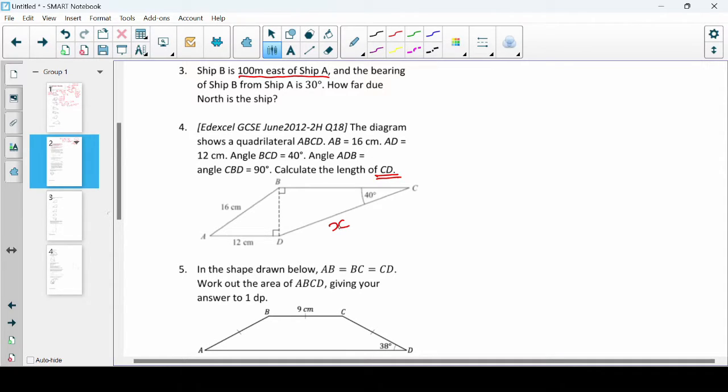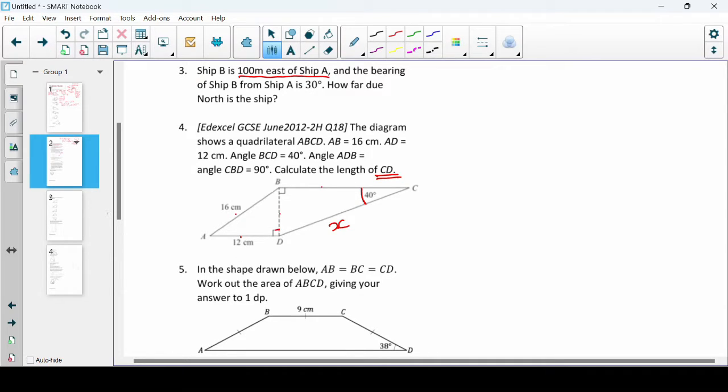So to find this x, CD, we need at least one side. One angle has been given here, but with one angle, we also need one of the sides, either this side or this side. But we can find this side because the two sides have been given here.